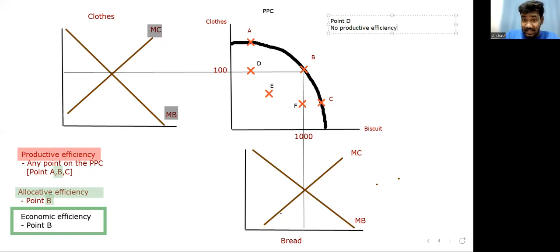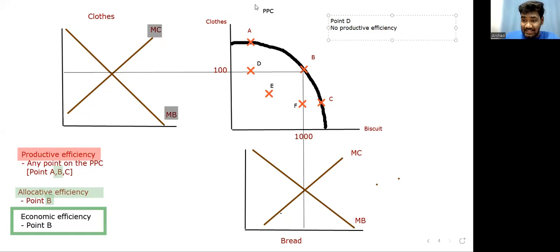Can you tell me, has point D achieved allocative efficiency? Yes, no, only for one good. What do you all think? Now see, how do you read this case? That's one thing you have to know.